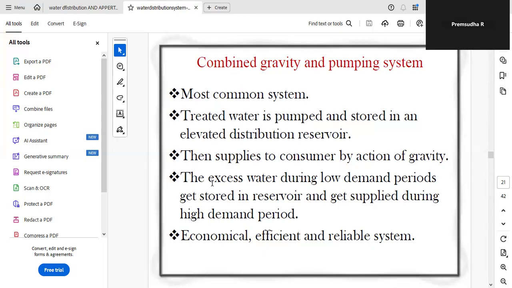Treated water is pumped and stored in the elevated distribution reservoir, then supplied to the consumers by the action of gravity.